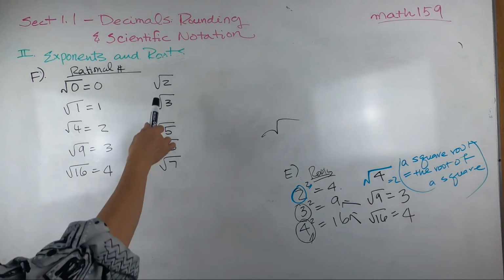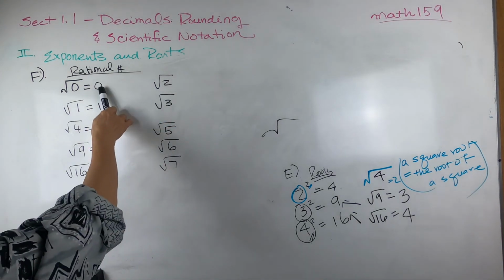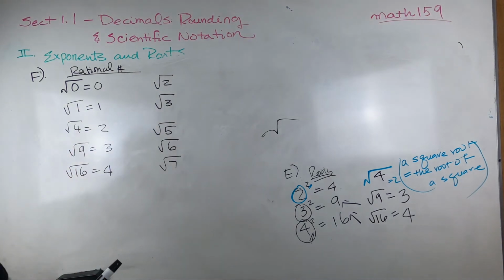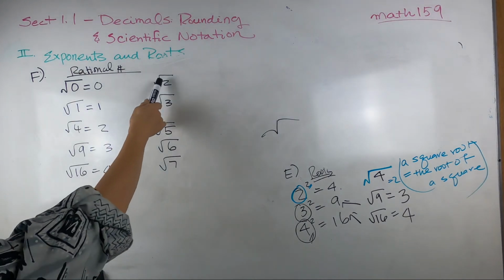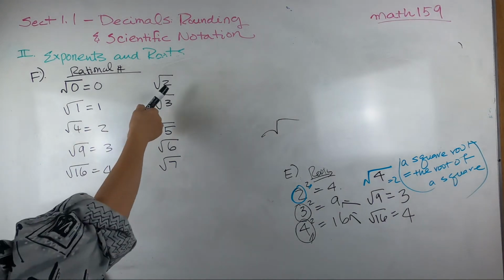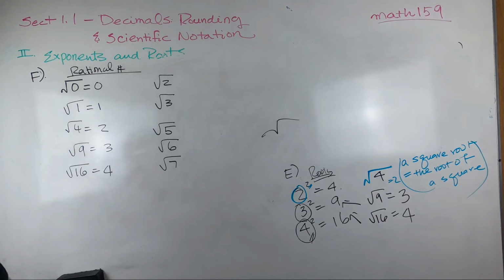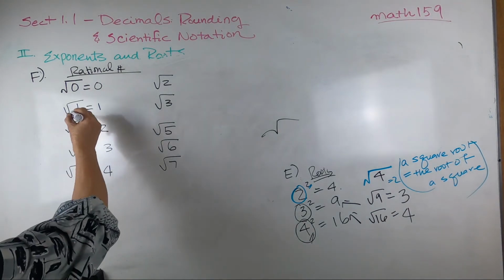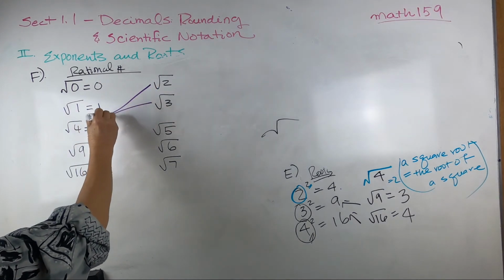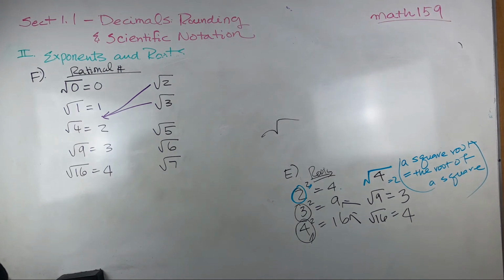Anything that squared is 2? No. 0 squared is 0, 1 squared is 1, 2 squared becomes 4. Right? So it's no good number. Nothing squared is 2 or 3. Then how do we find the approximate number? Square root of 2 and 3, it should be, what do you think? It should be between square root of 1 and square root of 4, right?